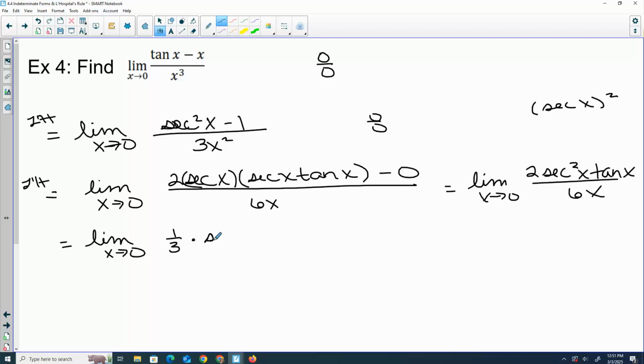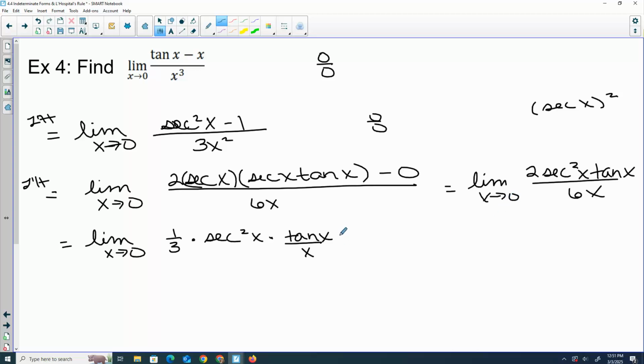We have a secant squared, and okay, we can think of that as tangent x over x. Now, there's other stuff we could do at this point.